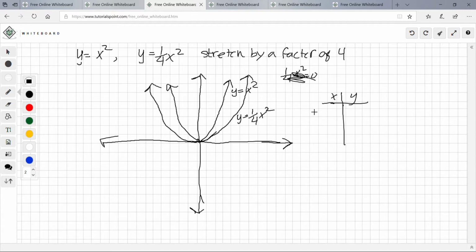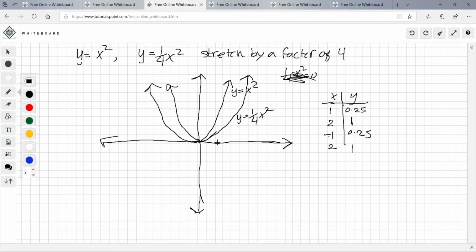So I will use 1, 2, -1, and -2. I'm just going to use 4 points. If you plug in 1, you get 0.25. If you plug in 2, you get 1. If you plug in -1, you get positive 0.25. And if you plug in -2, you get positive 1.